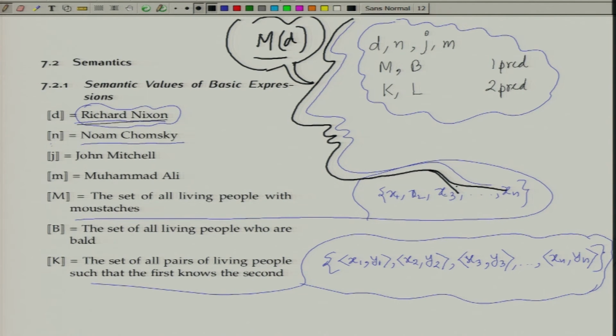On the other hand, how does the reality look? The reality looks like this.